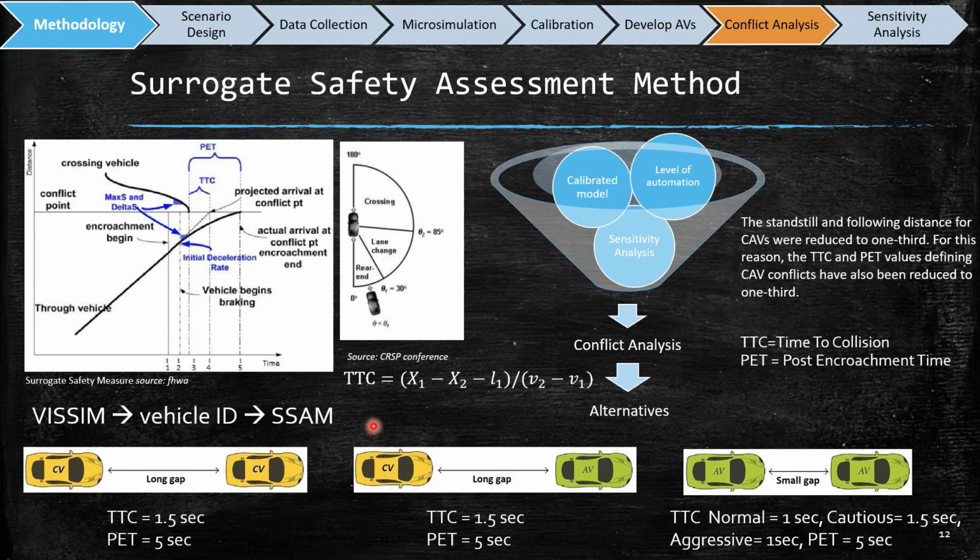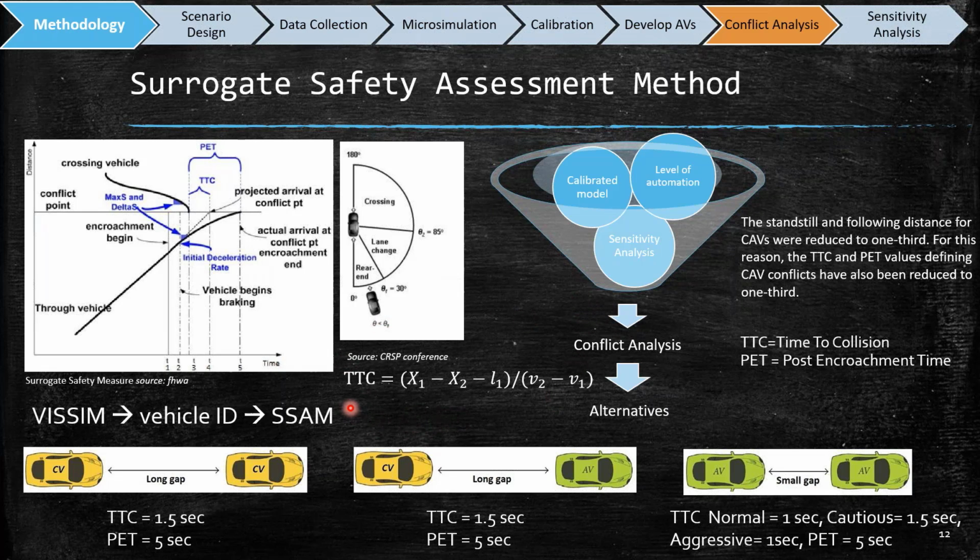But here we have an issue with SSAM: it does not have a built-in function to identify conflicts by vehicle type, and we have AVs here. We cannot consider a constant maximum value for the TTC to evaluate the conflicts, because it can give you unacceptable results. But the SSAM results provide the vehicle IDs within that range.